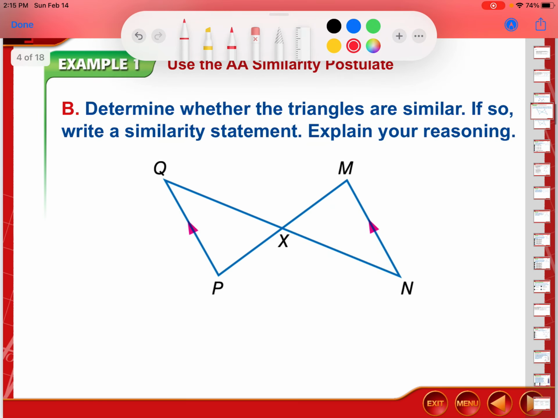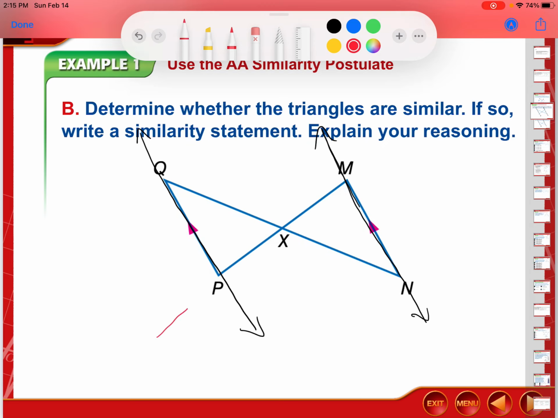What? Crazy. All right, so determine whether the triangles are similar. If so, write a similarity statement. Explain your reasoning. So right away, I pick up on we have two parallel lines, MN and QP, are parallel to each other. And then I see a couple of transversals we could use.